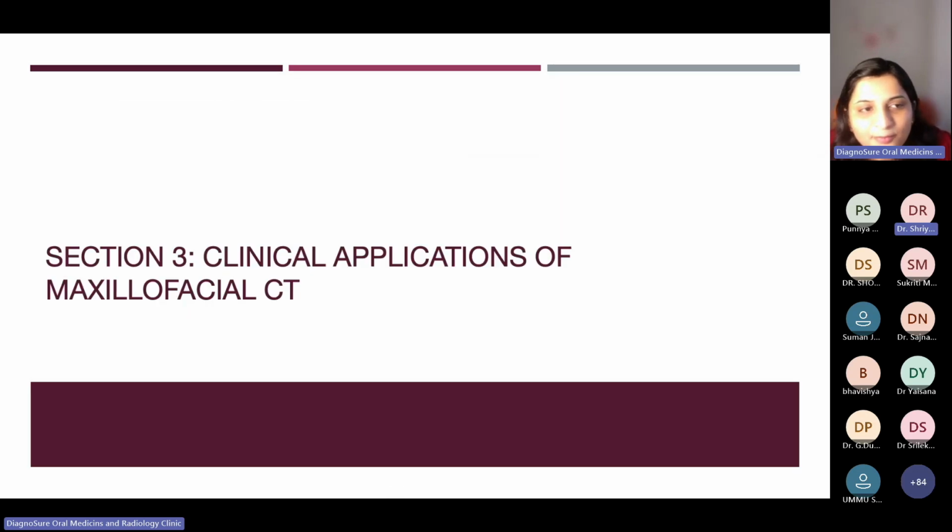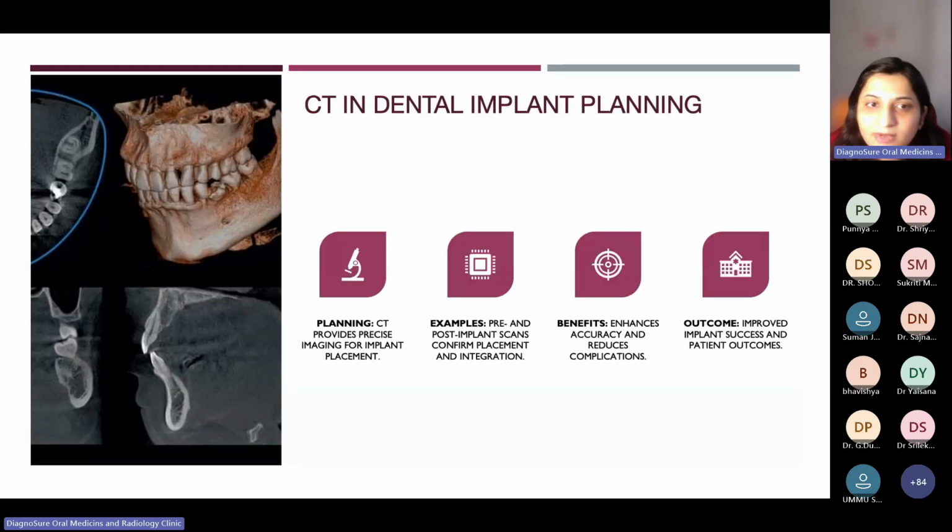Thank you. So section 3, clinical applications of maxillofacial CT. First, CT in dental implant planning. CT provides detailed imaging to precisely plan the placement of dental implants, including bone quality and spatial relationships. CT can give information about the density of the bone, which we do not generally get with CBCT.